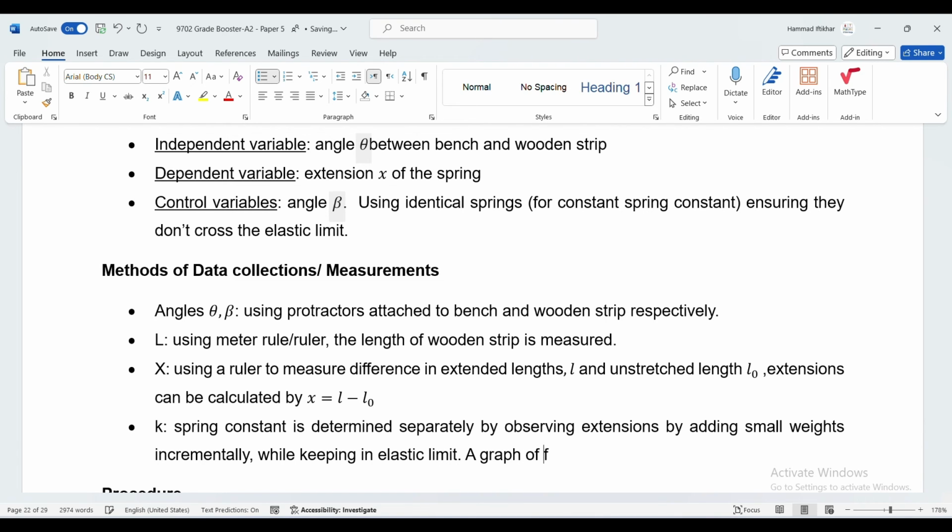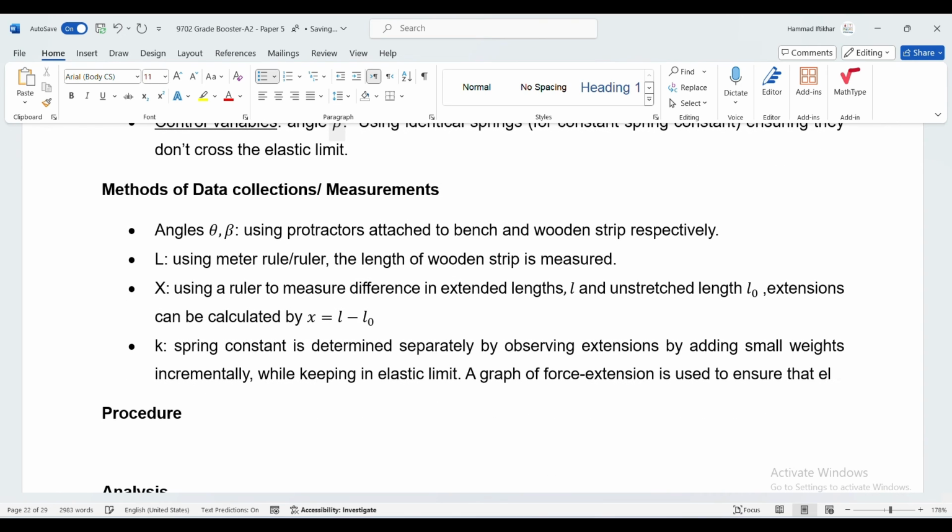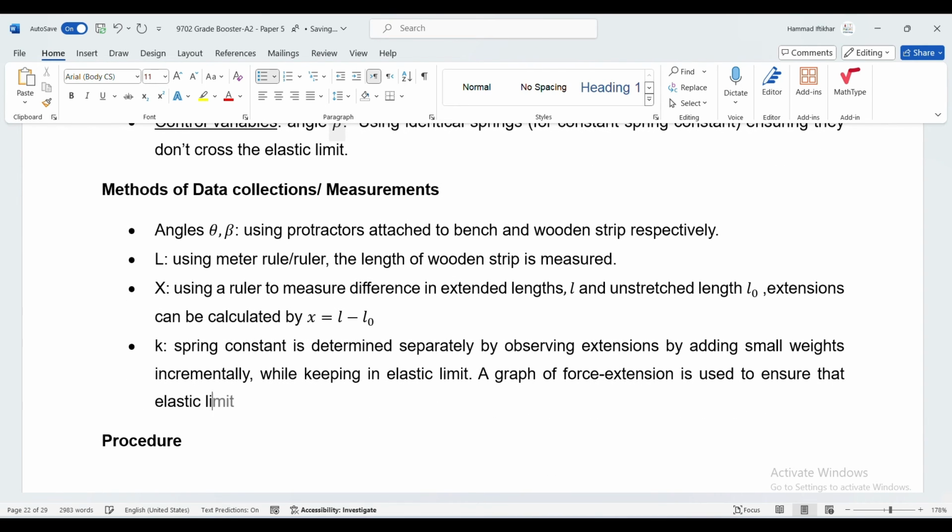A graph of force against extension is used to ensure that the elastic limit is not exceeded, and for calculating the spring constant K from the slope of the linear portion.